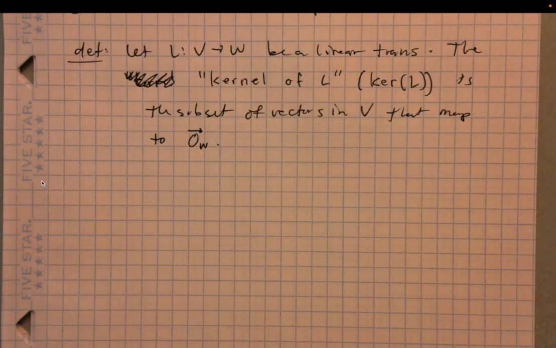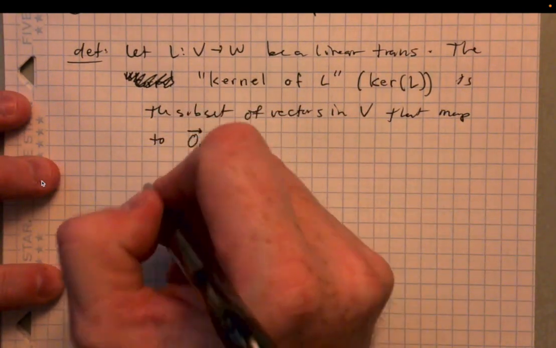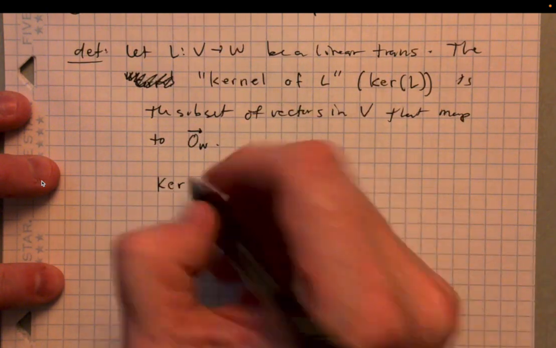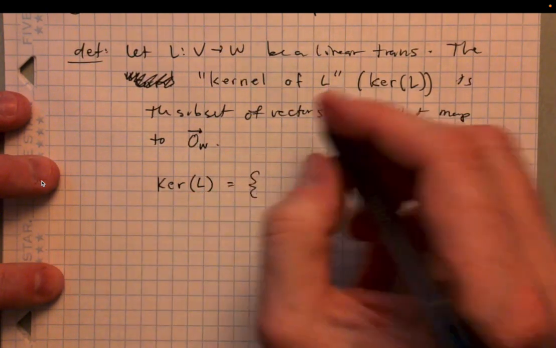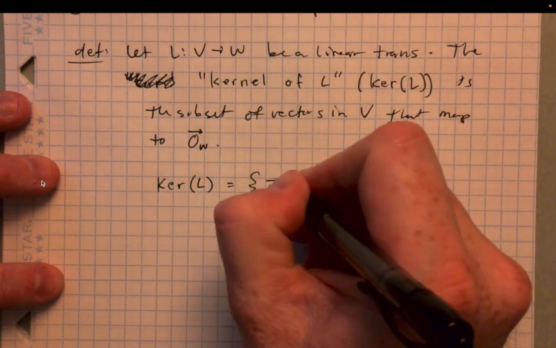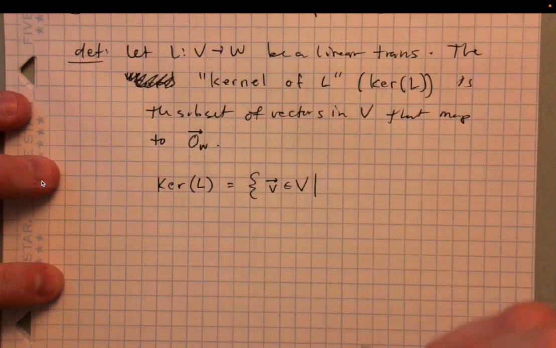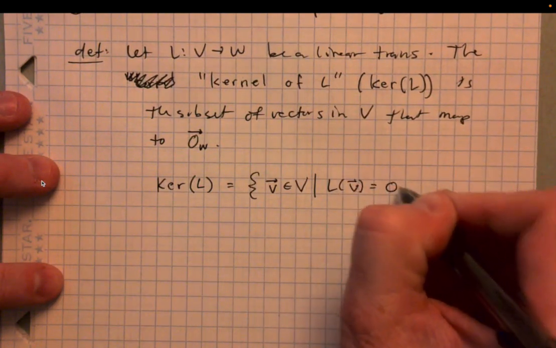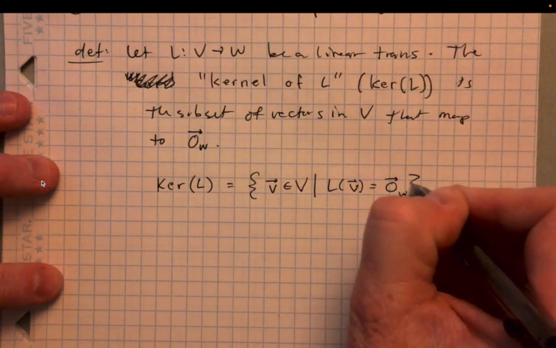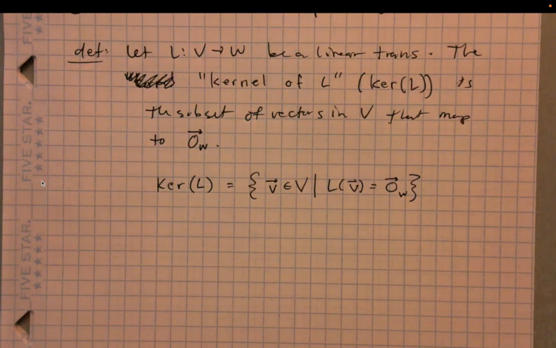The kernel is all the vectors in V that map to 0 under the linear transformation L. Another way to write it would be to say that the kernel of L is equal to the set of v in V such that L of v equals the 0 vector in W. That's a set notation way to think of it, and that's what we mean by the kernel.